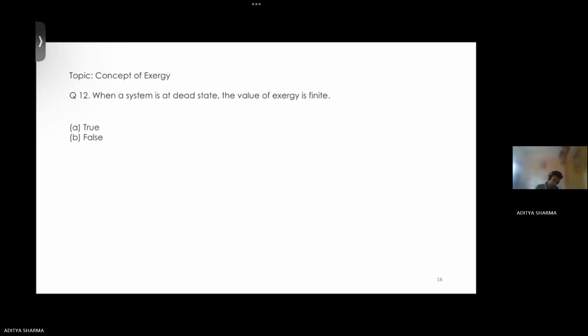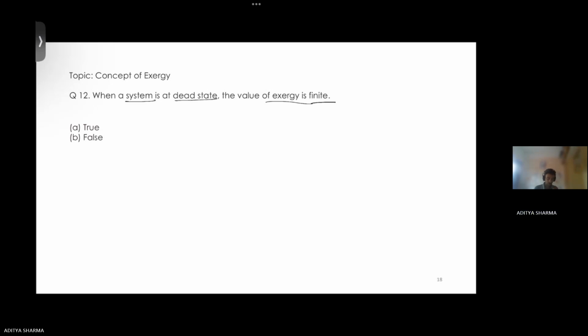Okay, so we have a system, and the statement talks about dead state, then exergy, and whether it is finite or not.